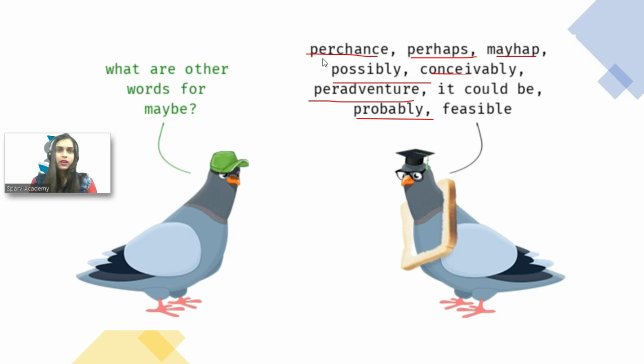If you write any of them, perchance, perhaps, possibly, peradventure, they are all right, as we want the letter which starts with P. So we need a word which starts with the letter P for maybe. So possibly, probably, perhaps, you all made a good attempt at this one.